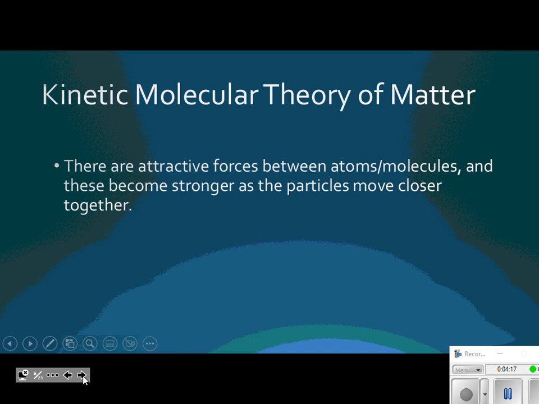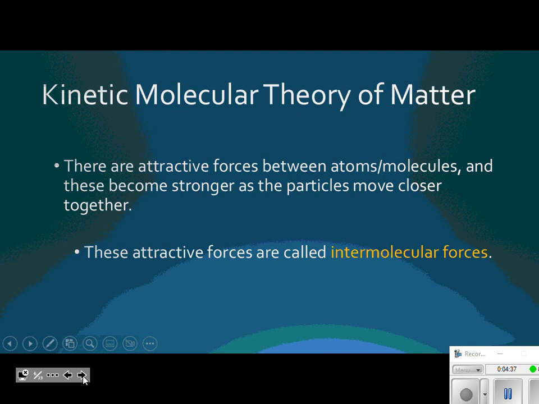So these attractive forces are greater with solids than they are with gases. The attractive forces are greater with liquids than they are with gases. This is what we call intermolecular forces, which you also watched a video on last night. Those attractions between the molecules.